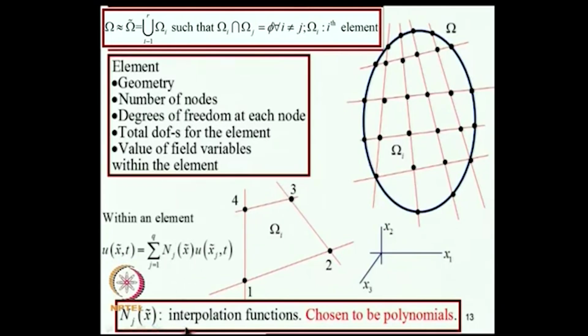So, Nj of x tilde are interpolation functions. We choose these interpolation functions to be polynomials. The nature of this choice is paramount in determining the quality of the solutions we get. So, this is a very vital aspect of implementing the method.